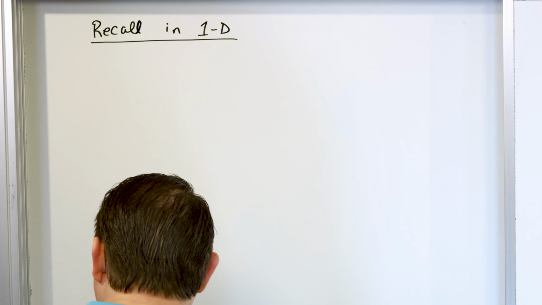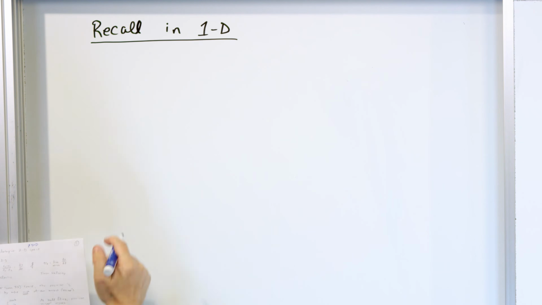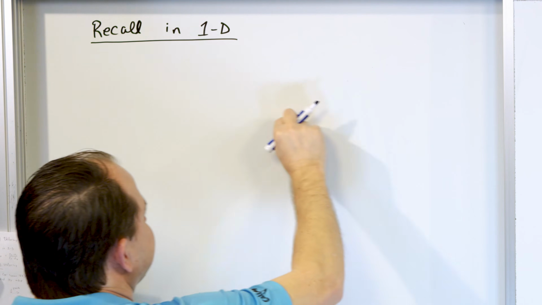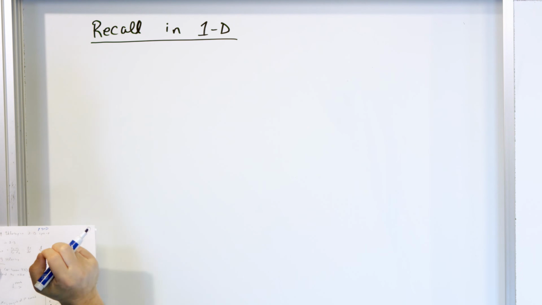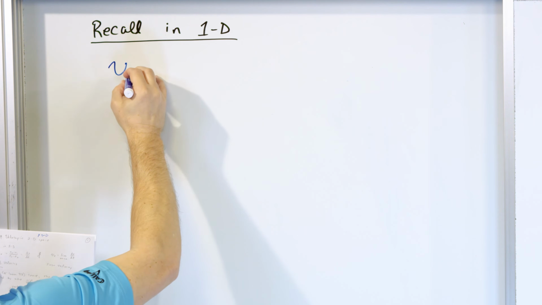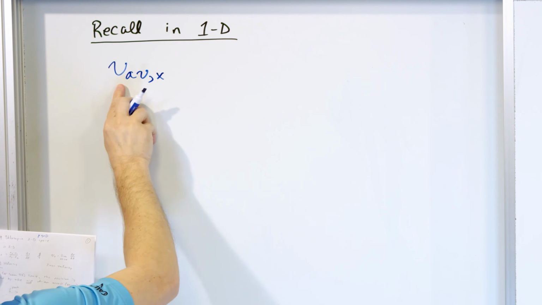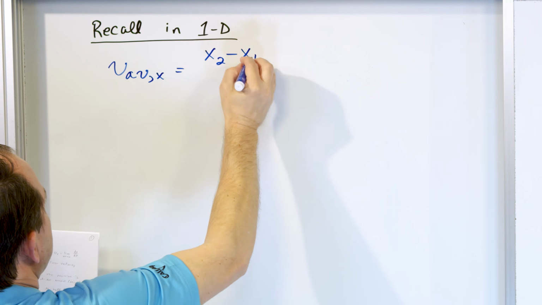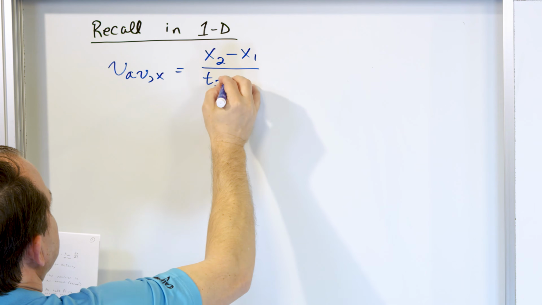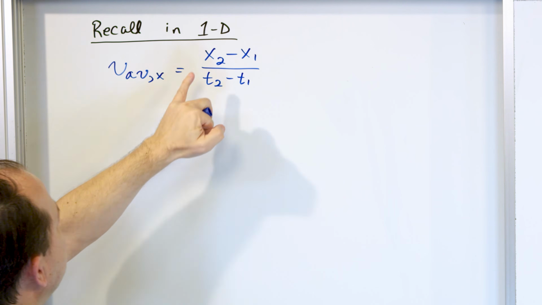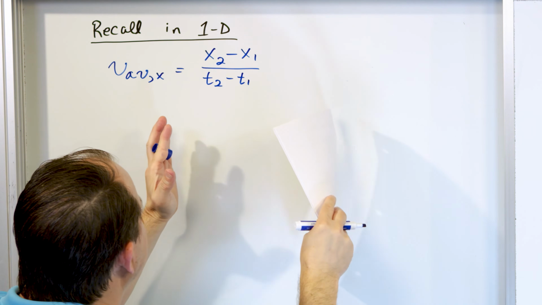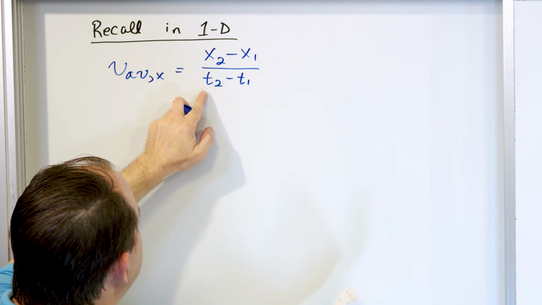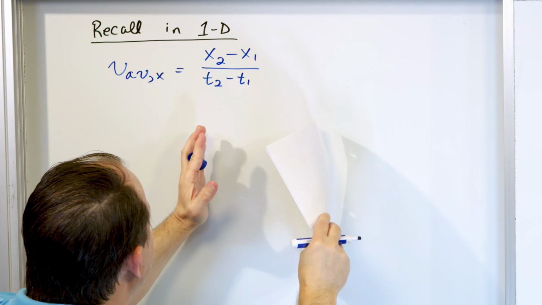All right. What did we learn in the past? We learned that if there's only motion along a straight line back and forth in the x direction, the average velocity in the x direction was just x2 minus x1 over time 2 minus time 1. All this means, when you subtract the x's, is you figure out how far the thing moved, position 2 minus position 1, and you divide by t2 minus t1, which is how much time elapsed.